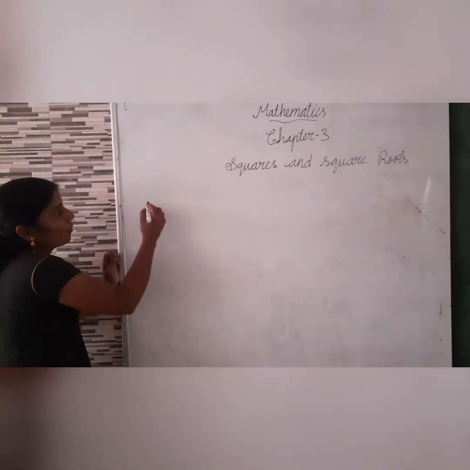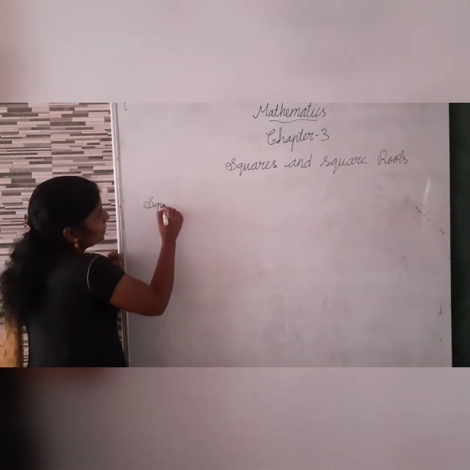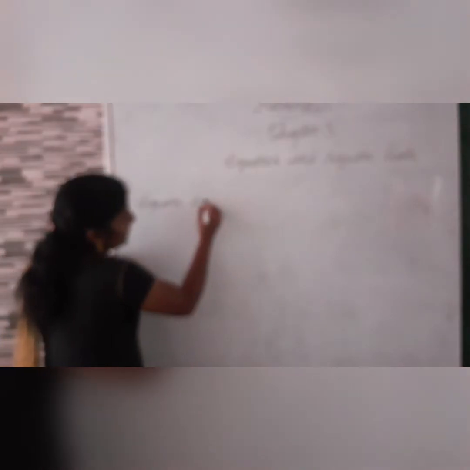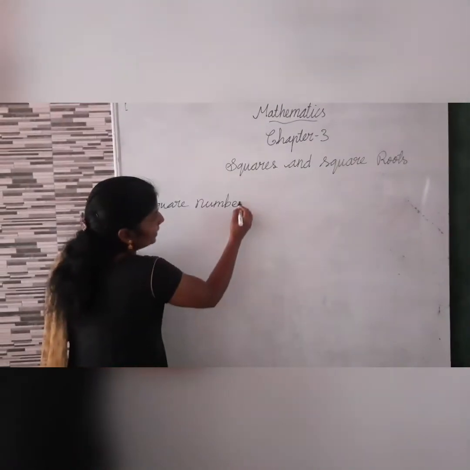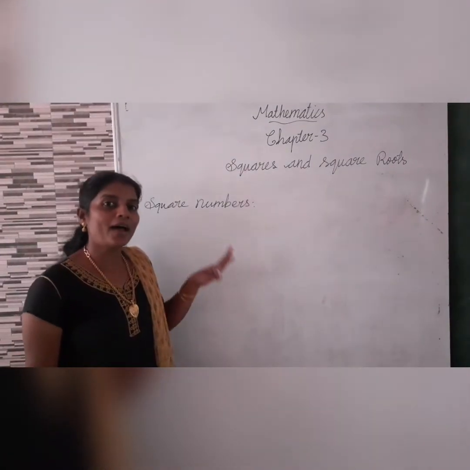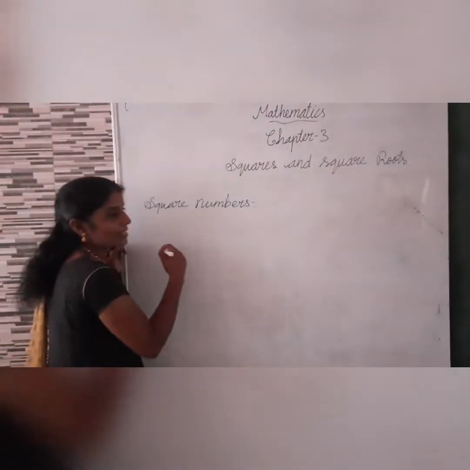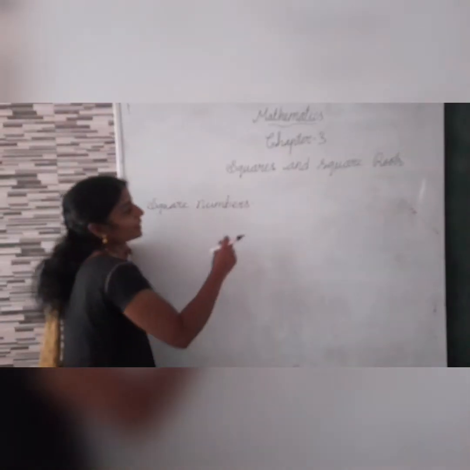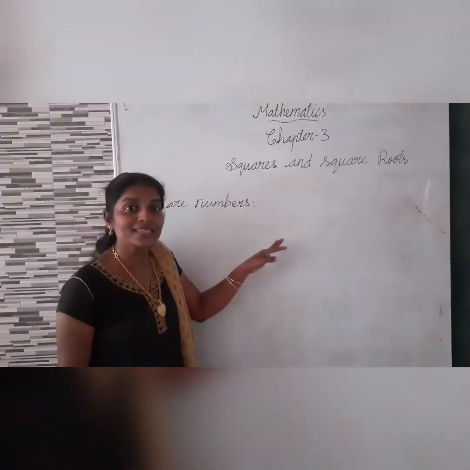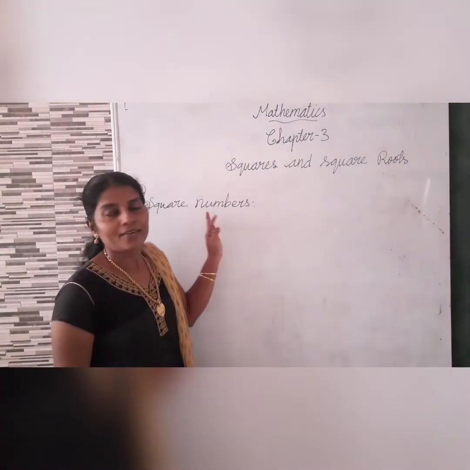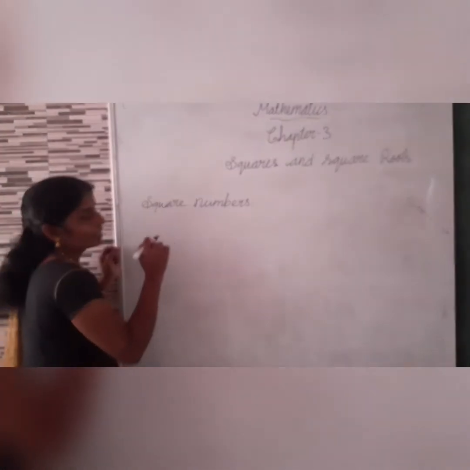Do you know what are square numbers? Square numbers means when a number is multiplied by itself. When a number is multiplied by itself, then we say that the number is a square number.